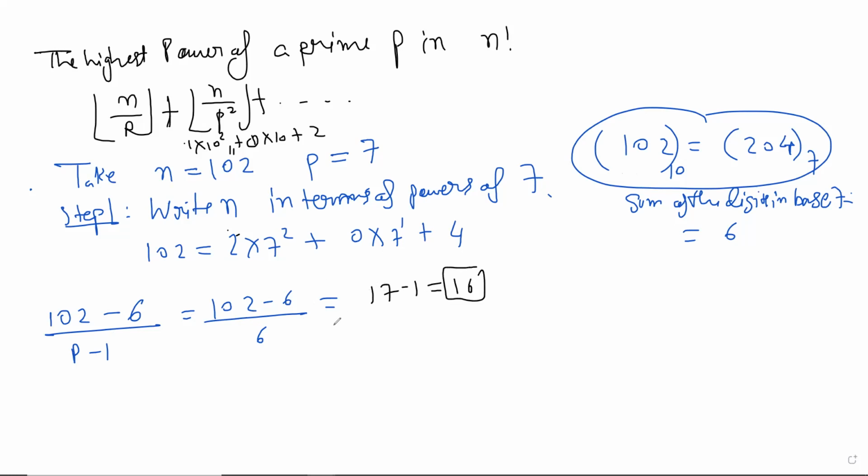Okay. Now let us try to find the highest power of 7 in 102 factorial. Let's try to find out what that is.